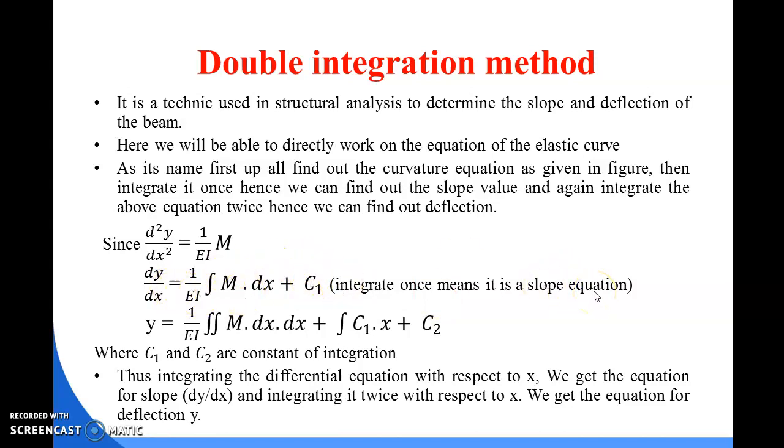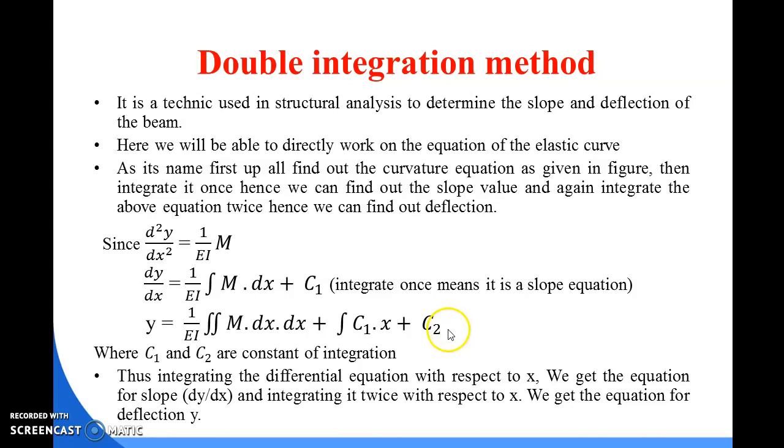Then integrating again, we find the deflection value. Hence y is equal to 1 by EI double integral of M dx plus C1 into x plus C2.